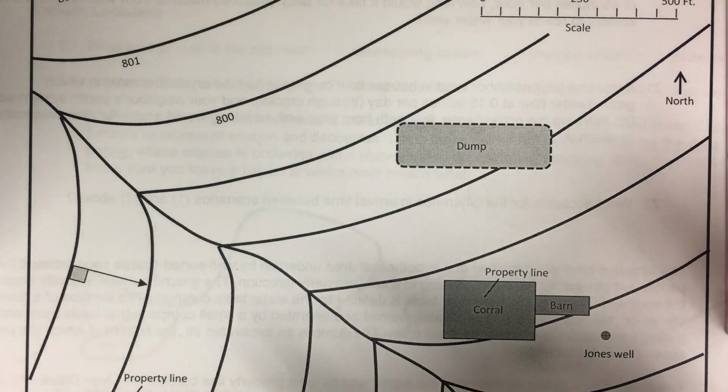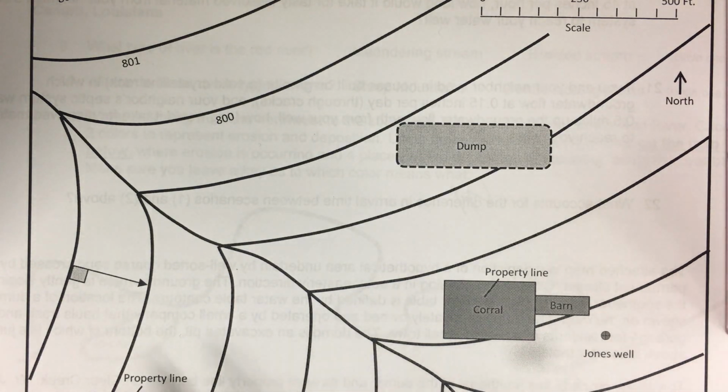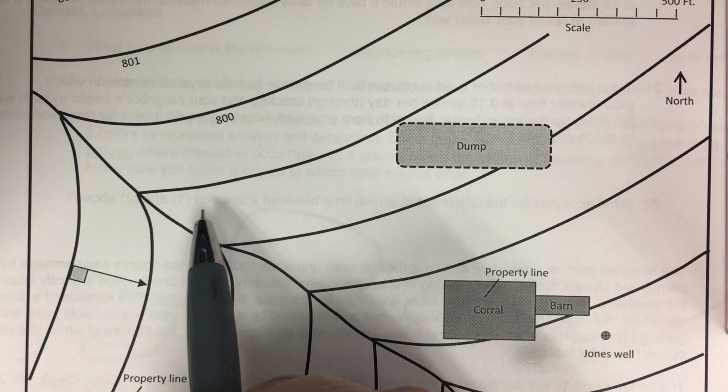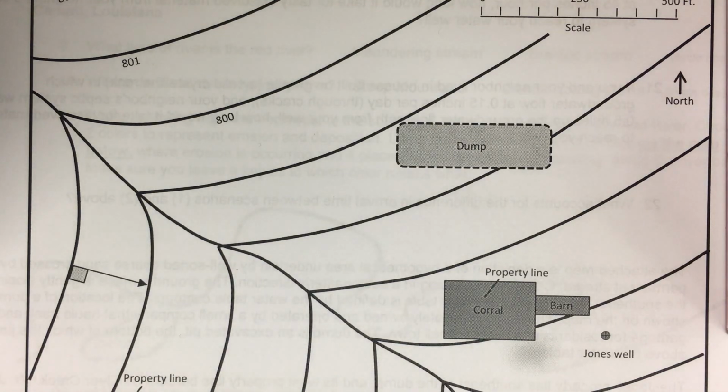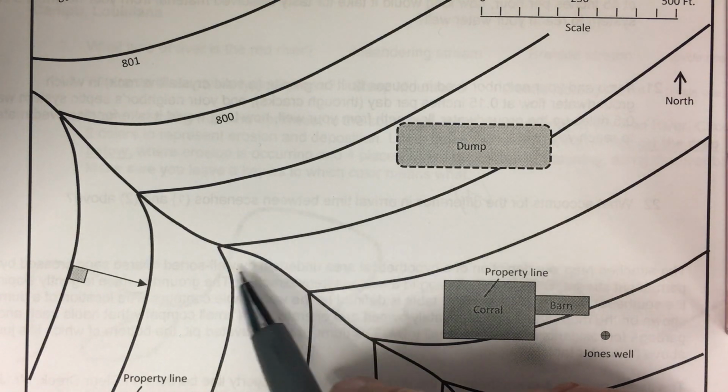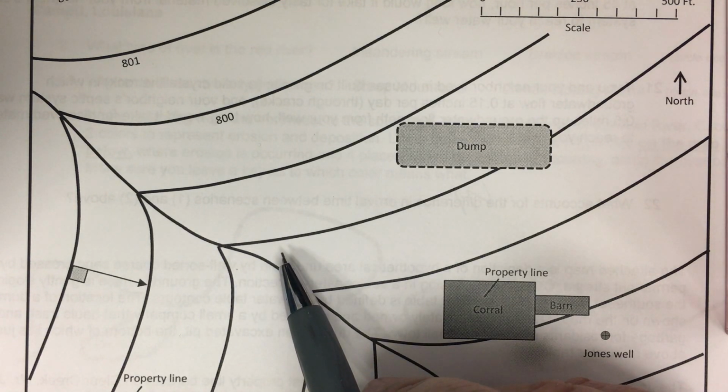But what you want to do, the way to figure out which way the water is going, is you're going to draw flow lines. So these are flow lines. The lines here are contour lines. If you recall from the topographic map lab you did, you dealt with contour lines, but these are a little different. These are groundwater contours.